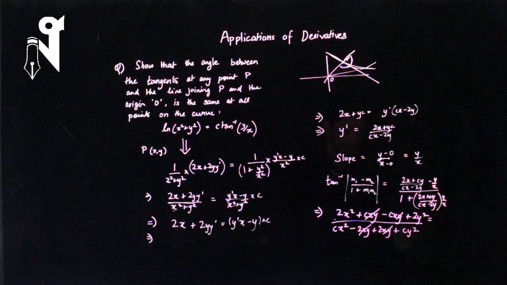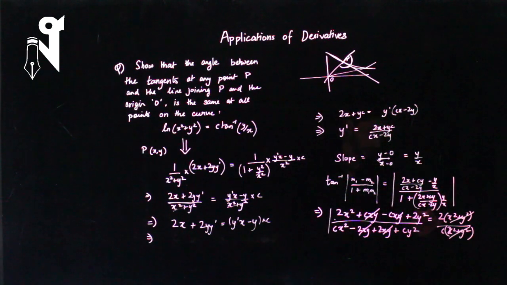So finally what I have is 2 times (x square plus y square) by c times (x square plus y square), which will cancel. So I just have 2 by c, and the whole thing has a mod. The angle I get is tan inverse 2 by c, which is independent of x and y. So this angle is going to be constant no matter what value I take for x and y.